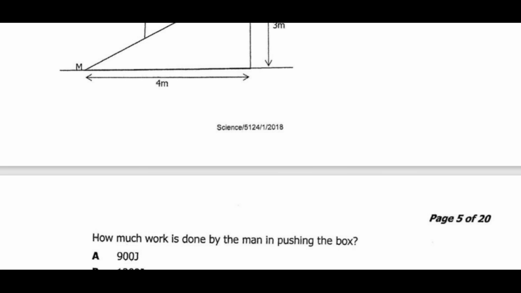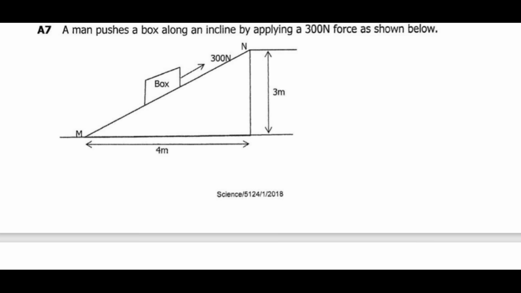Here we are going to have two works done. There is one against gravity, and there is also the work in pushing. Since we are dealing with pushing, and we know that work is equal to force multiplied by distance, the force that was applied is 300 newtons.